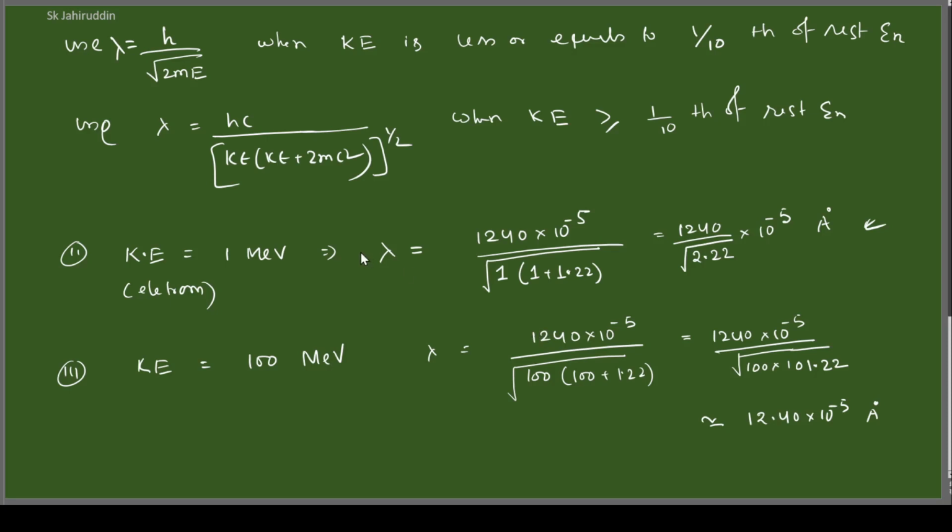So the main point we will be using in the latter part of physics is, as KE increases, KE becomes more dominant than the rest energy, as you see in the expression, and as KE is less, the effect of rest mass will be higher.